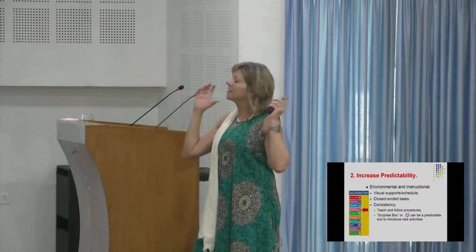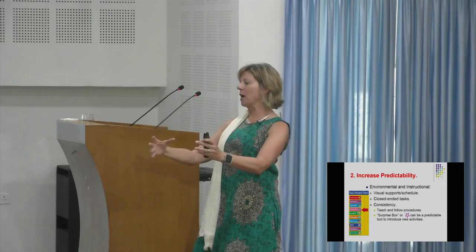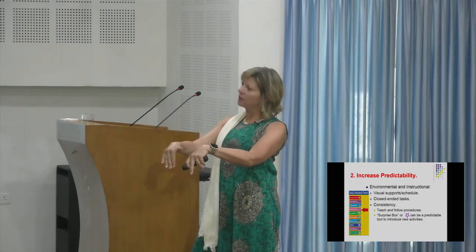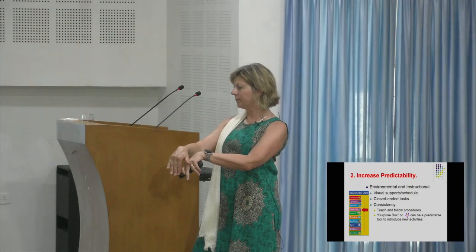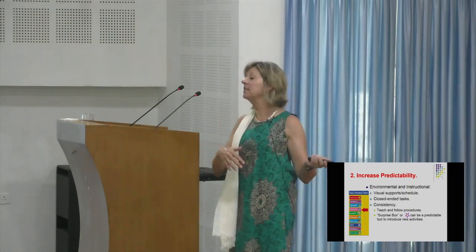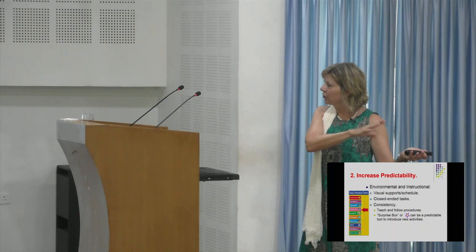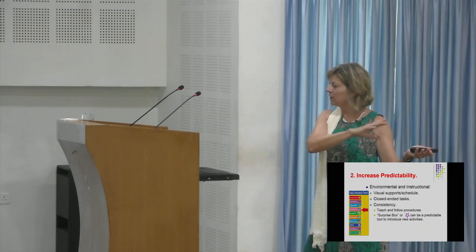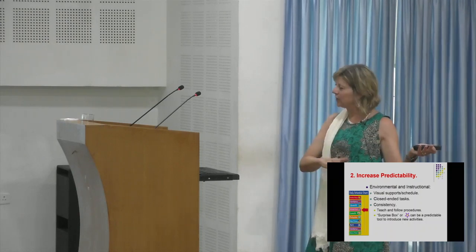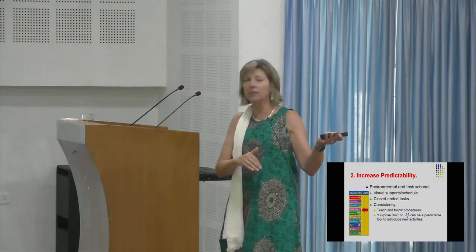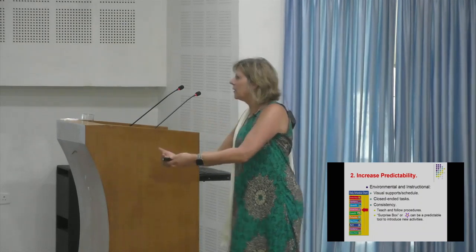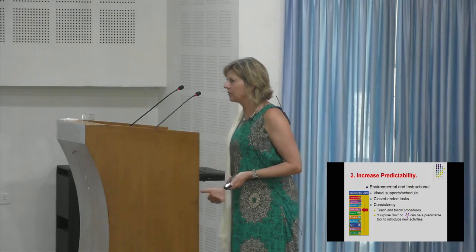So what's consistent is the surprise box. What changes is what's in the surprise box. That's a way to keep consistency for the sake of the child, which makes the interfering behaviors decrease, but it lets you add new activities to the session.